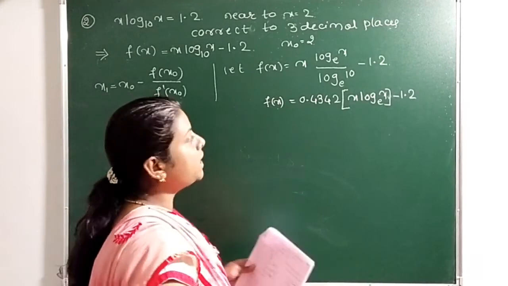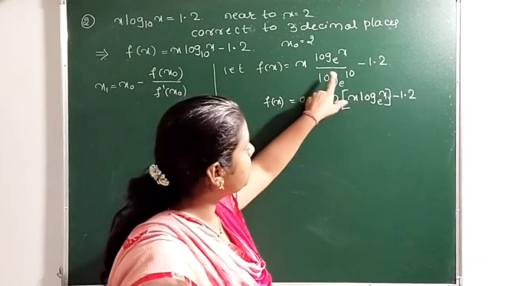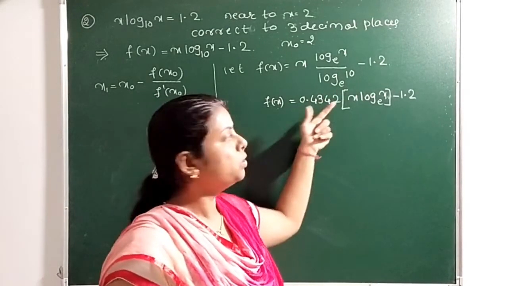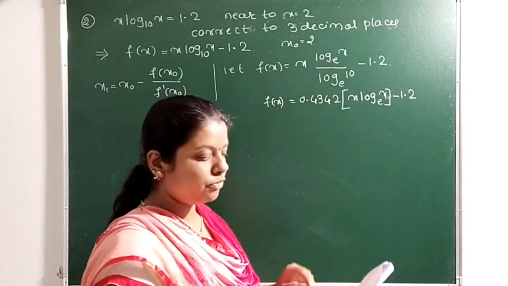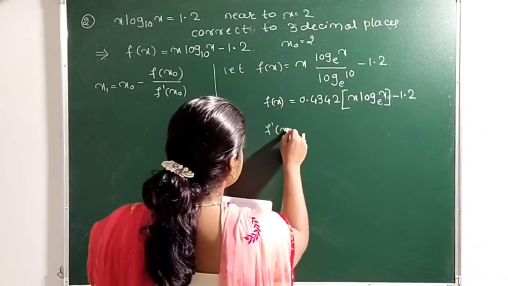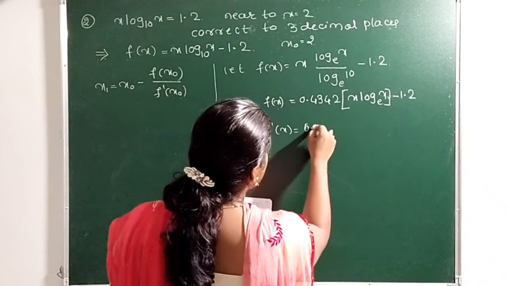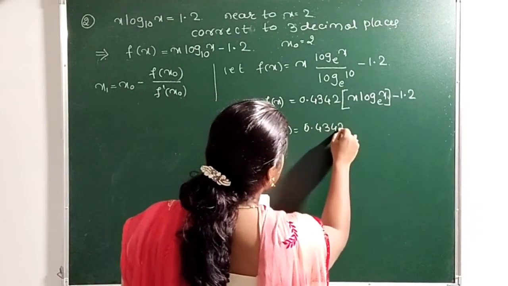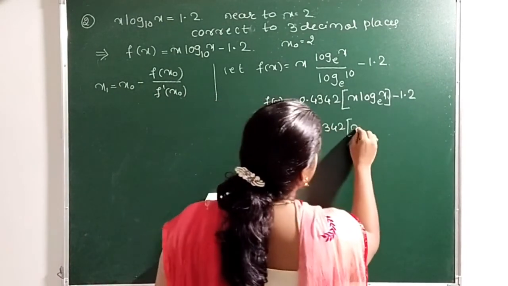Now after getting this separation of the base 10 value, now you can apply the differentiation for this. Now f dash of x becomes 0.4342, x keep as it is.